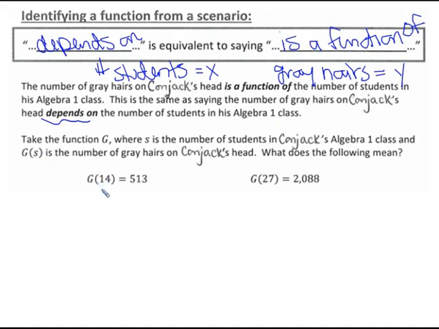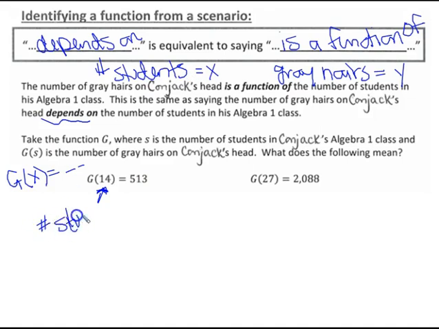So we're going to take this function g, where I guess it stands for gray hairs, and s is the number of students in his class. So we want to try to figure out what do the following mean. Well, normally in this case it would say g of x equals something, whatever equation or function you're talking of. So if your independent variable is always in these parentheses, this 14 is representing an independent variable, which we set up here was the number of students.